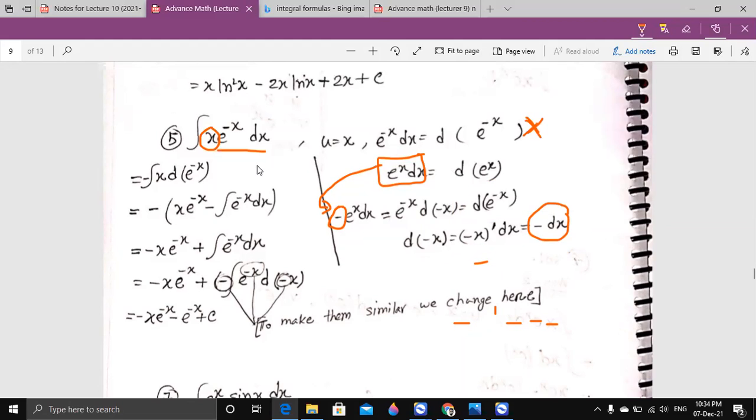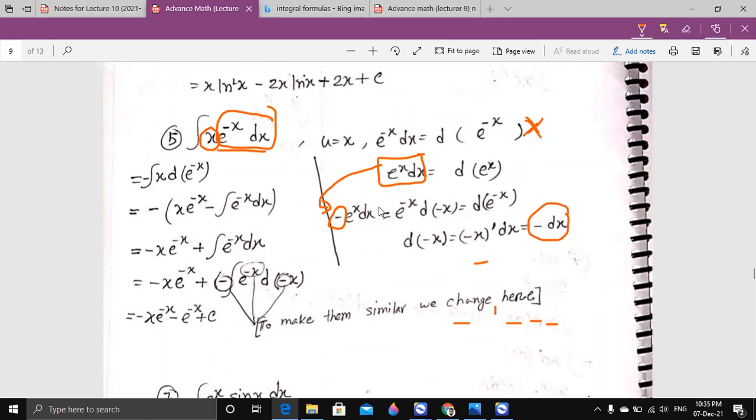Where did we start? Yeah, we started here, e to the power minus x dx. So you see minus dx is d of minus x.